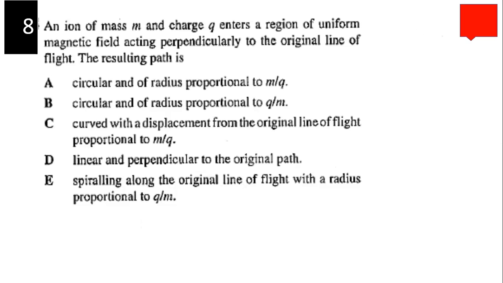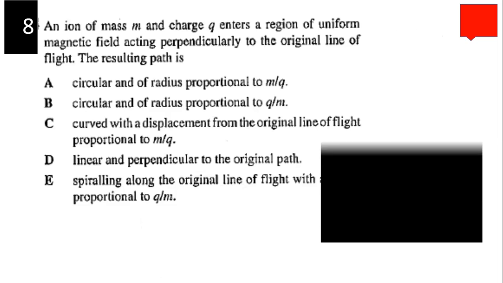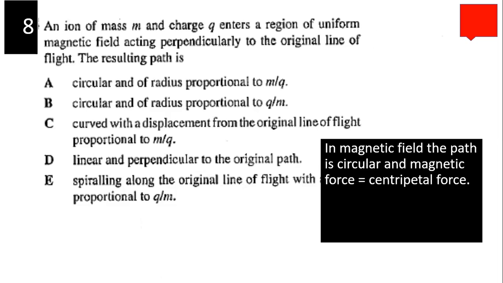This one also got problem. An ion of mass m and charge q enters a region of uniform magnetic field acting perpendicular to the original line of flight. The resulting path, it must be circular straight away. Go to the theory. In a magnetic field, circular path, magnetic force equals centripetal force. Go and derive.